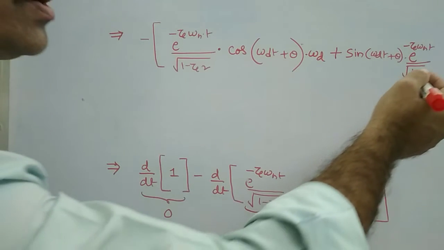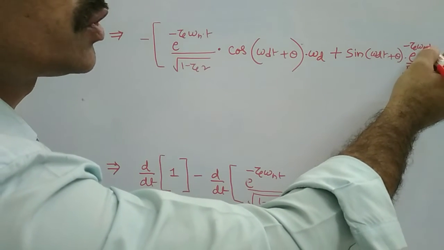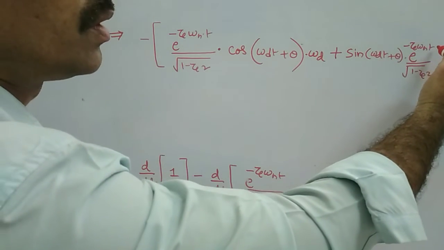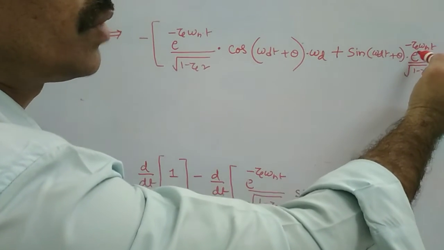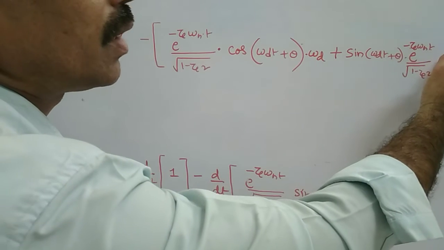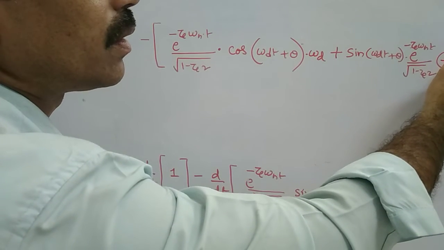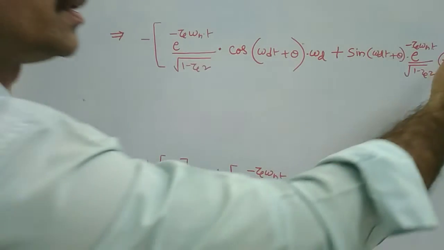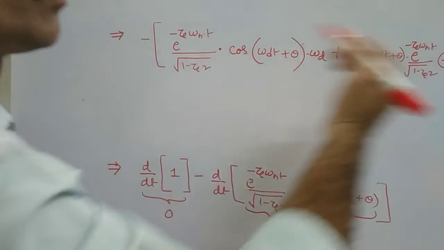Next, what is there in the exponential? Minus zeta times omega n into t is there. So t becomes 1. What else? Minus zeta times omega n will come in the bracket. Minus zeta times omega n. That's it. Your bracket closes. Clear?